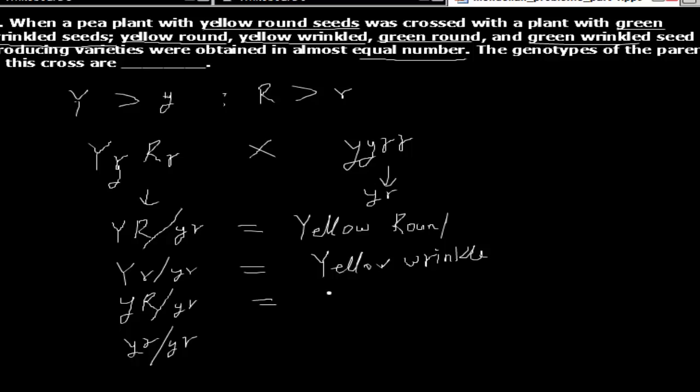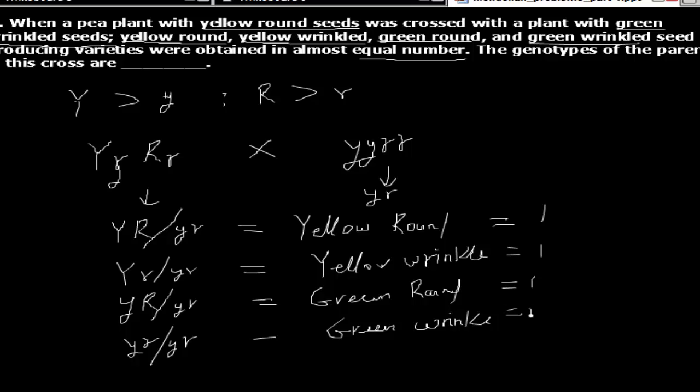For this one, this will be green round, and this is going to be green wrinkle. So it is obvious that all of this is going to be produced in the ratio of 1:1:1:1. So it is a typical test cross ratio.